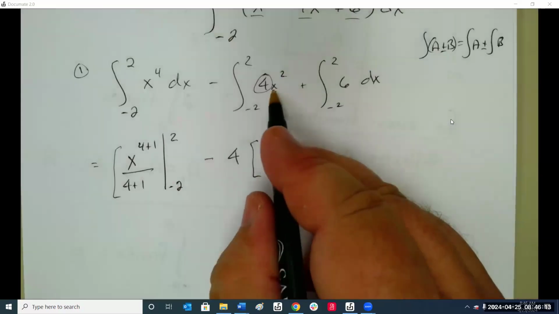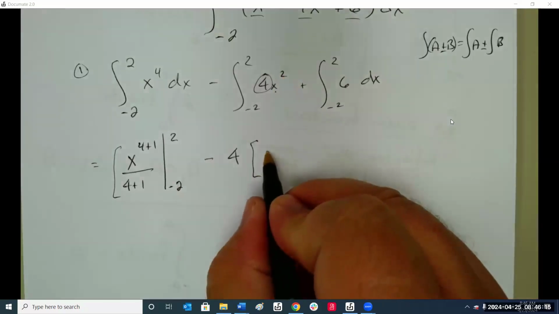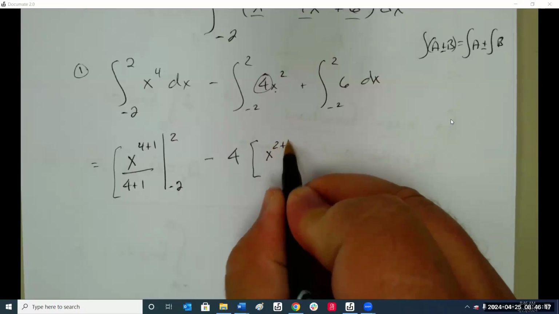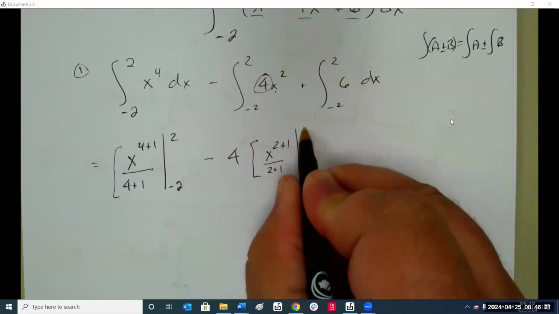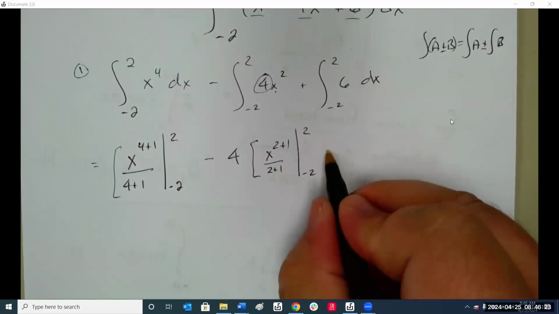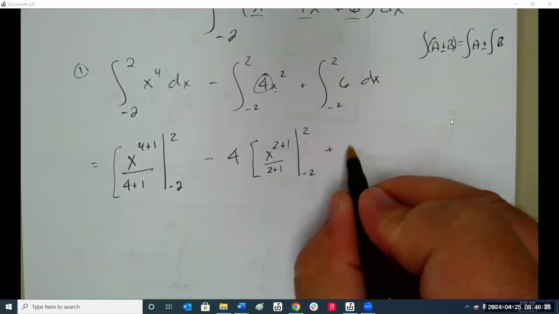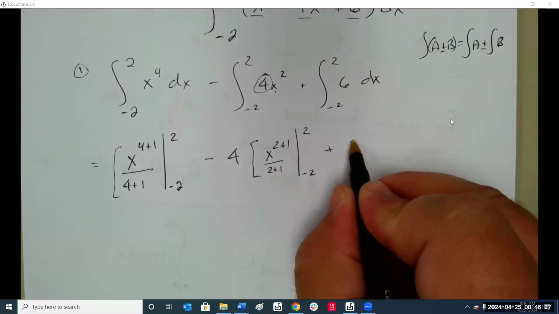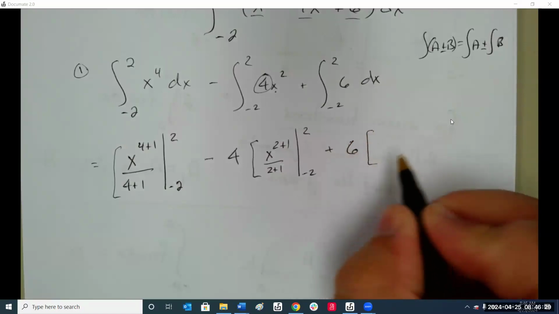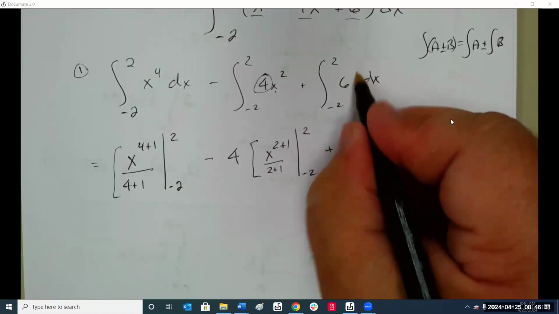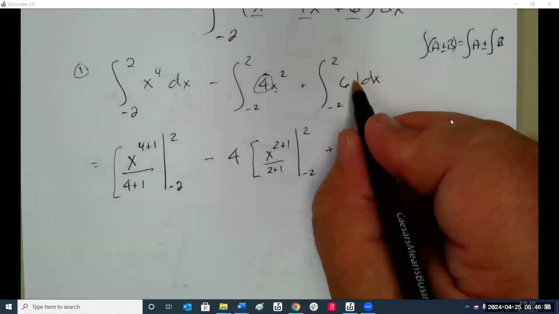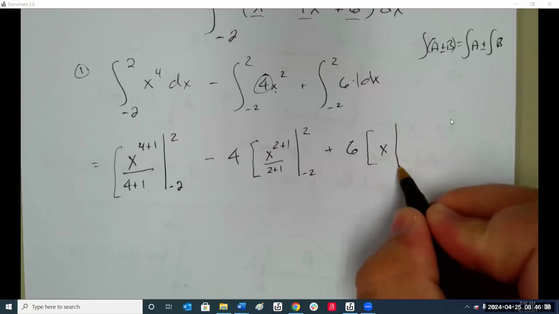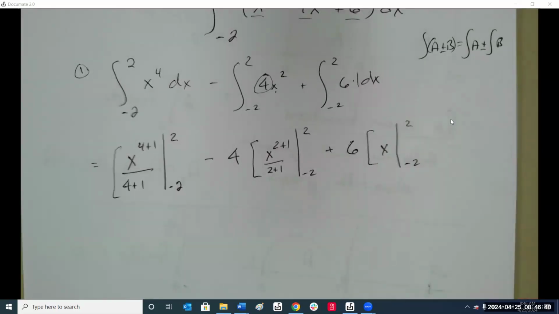So the integral of x squared becomes x to the power plus 1, from -2 to 2. And what's the integral of 1? X, from -2 to 2.